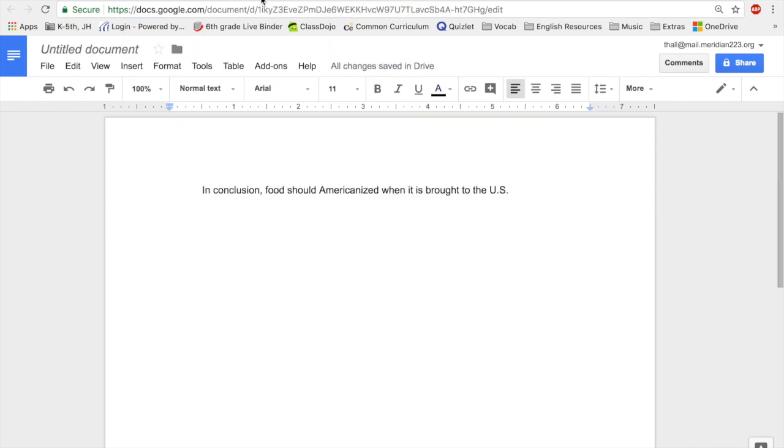We do need to be careful to make sure that we keep all three reasons. So for this one, remember we said food should be altered when it is brought into America because it allows us to try different cultures, it keeps traditions alive, and it improves food.